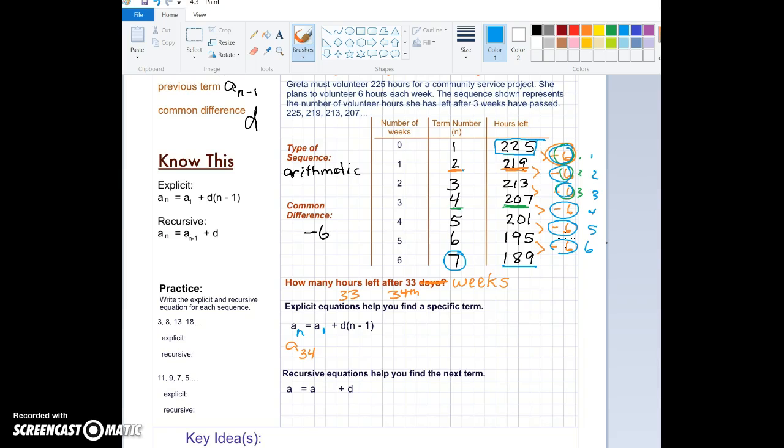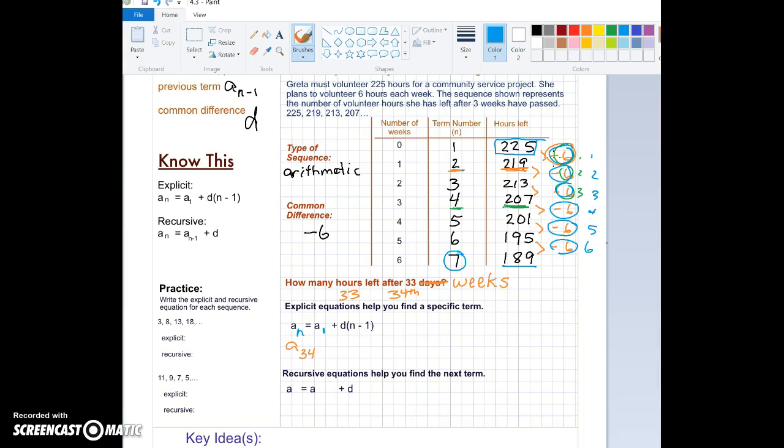The same number of times as our term minus 1. So our formula to find a sub n is: we start with our first term and then we add to it our common difference, which happens to be -6, and we multiply that common difference by 1 less than the term number.